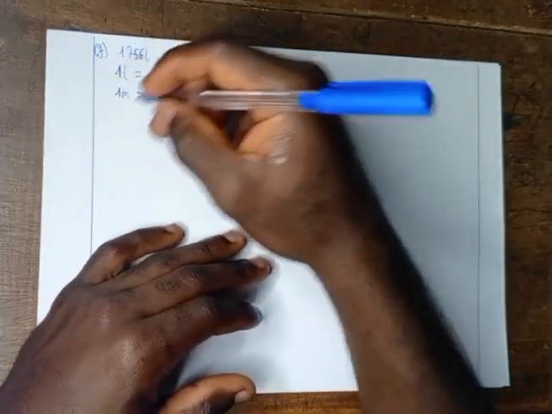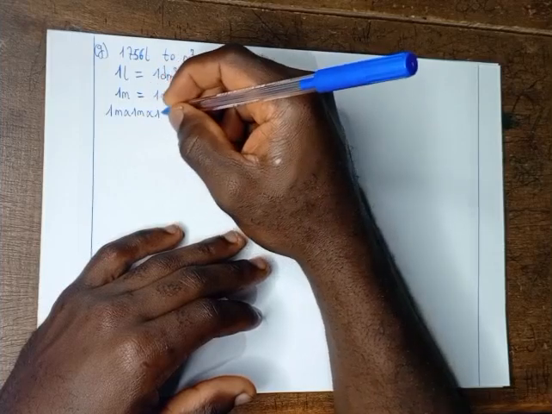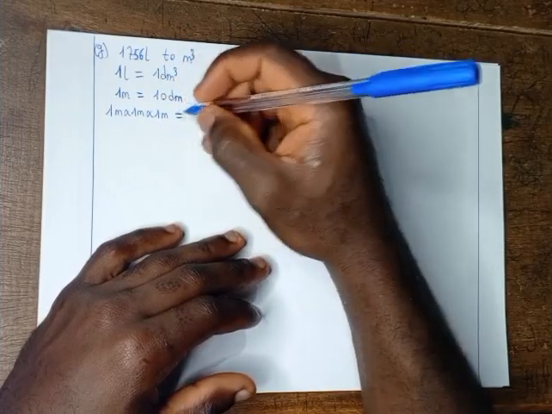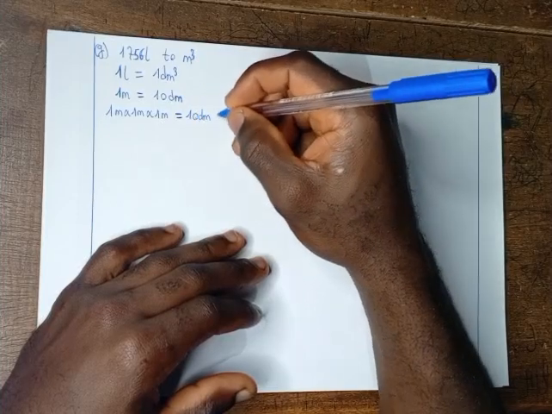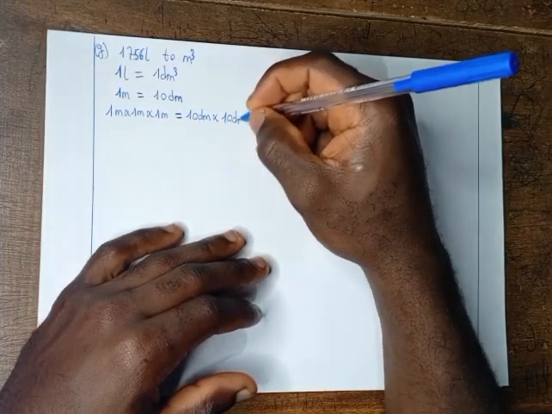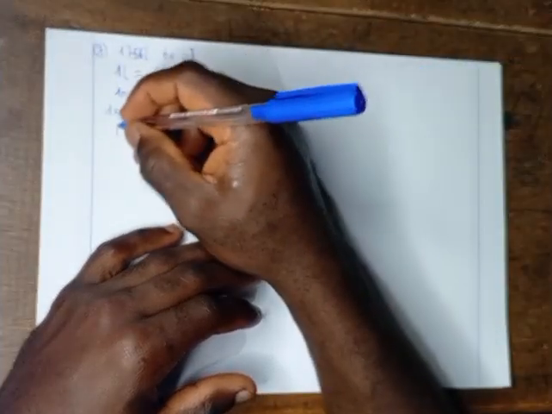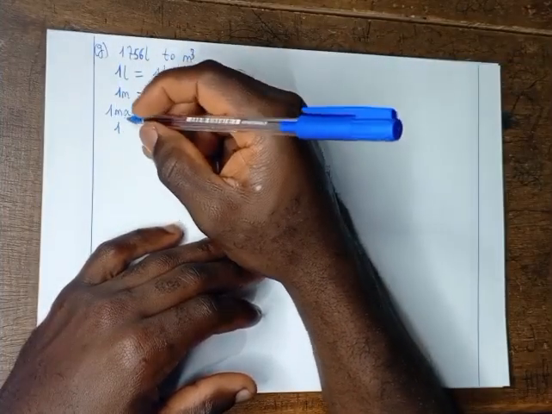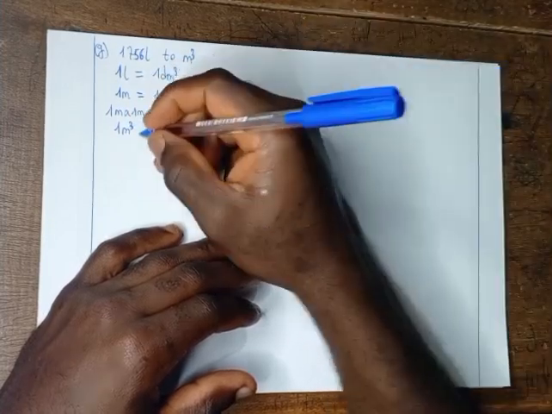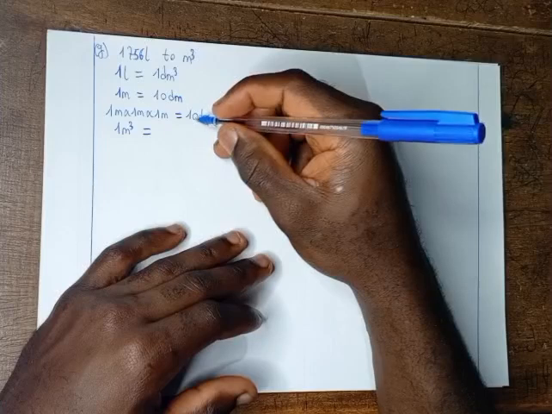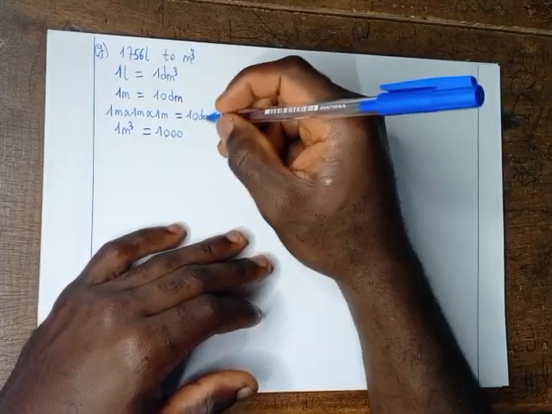If we cube both sides, that means we take 1 meter times 1 meter times 1 meter. It will simply be the same as, we know 1 meter is 10 decimeter, 10 decimeter times 10 decimeter times 10 decimeter. This will give us 1 times 1 times 1 remains 1. Meter times meter times meter gives us meter cube is equal to 10 times 10 times 10 gives us 1000.